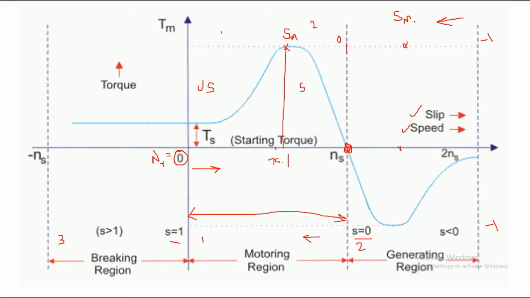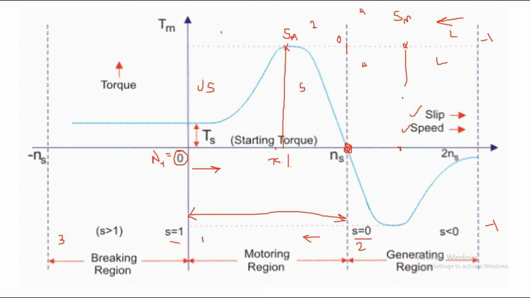From 0 to SM would be the high value of slip, and from SM till minus 1 will be the low value of slip. So from minus 1 till SM we are having low value of slip, and from SM to 0 we are having high value of slip.